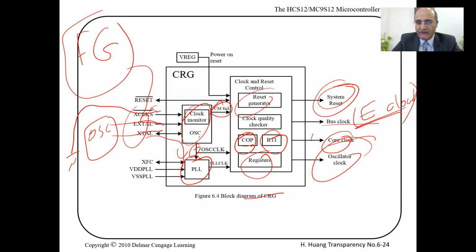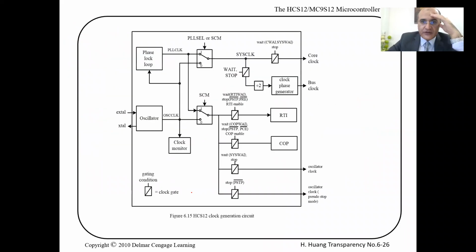Dividing the core clock by 2, you get the bus clock. What is the core clock? The core clock could be the oscillator clock directly, or the oscillator clock multiplied through the PLL block.